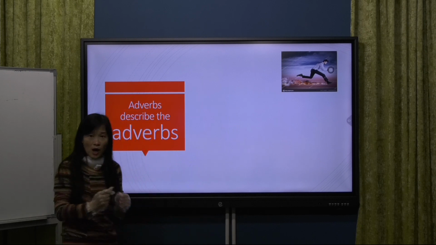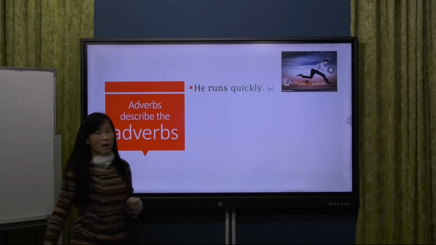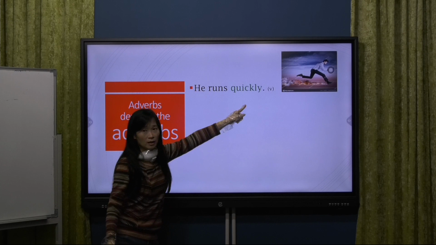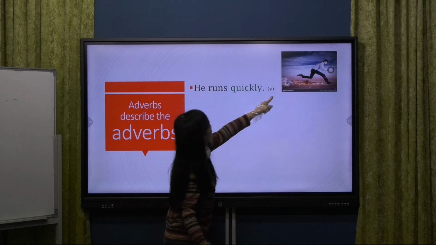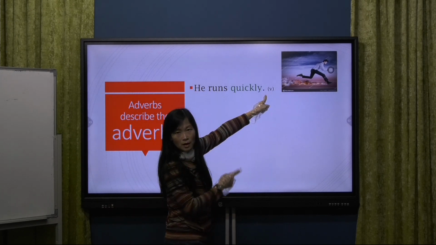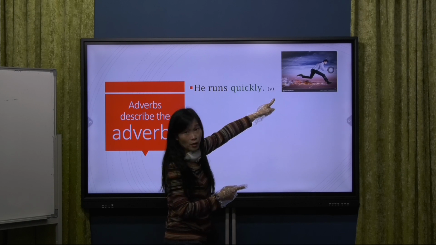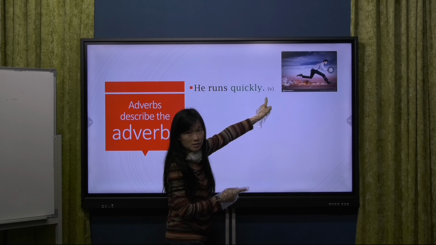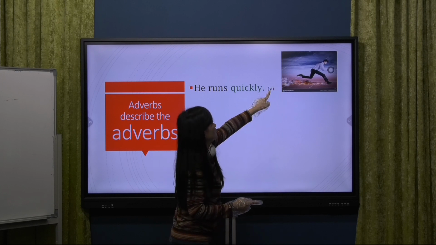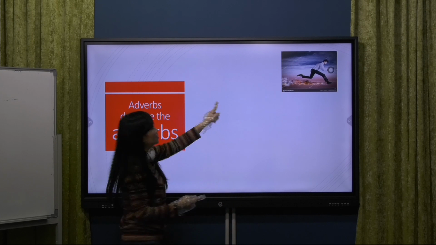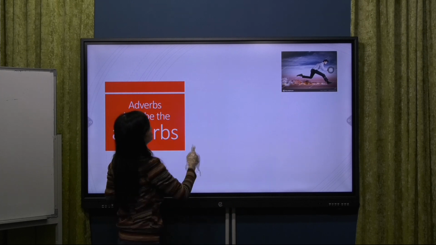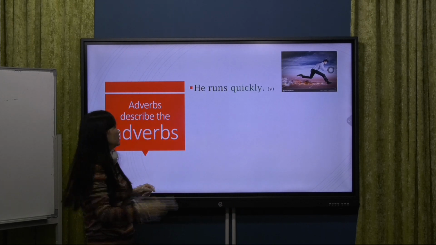This man is running and he runs quickly. I made a mistake. Can you tell me the mistake here? Quickly is an adverb, not just a verb. All right, I made a mistake. It's an ADV. He runs quickly, so ADV.